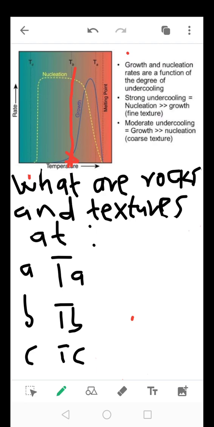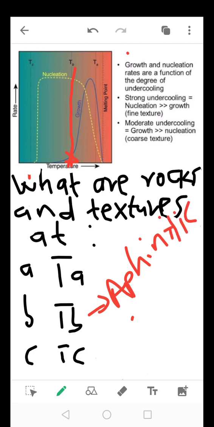And we've explained before that if the crystals had little time to grow, we will talk of the aphanitic texture. The crystals didn't grow much, even though the nucleation is intersected at the higher rate.